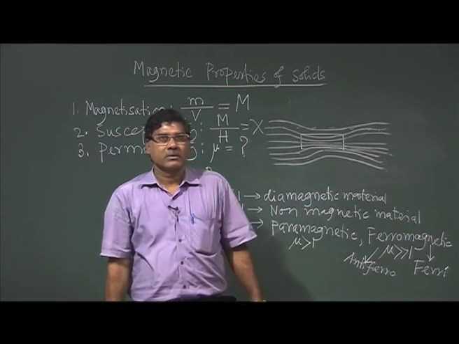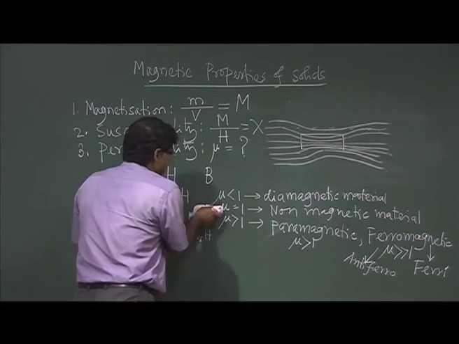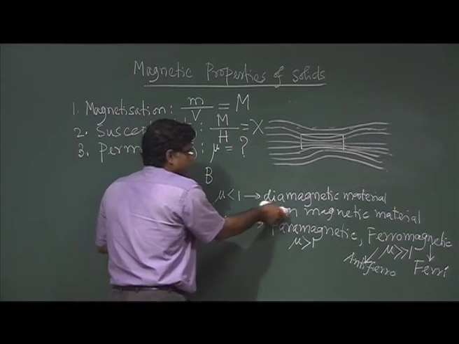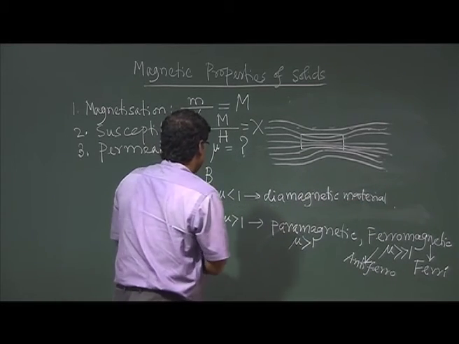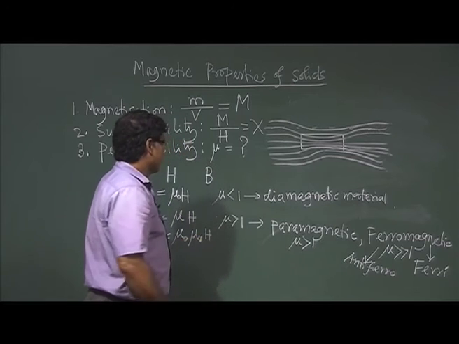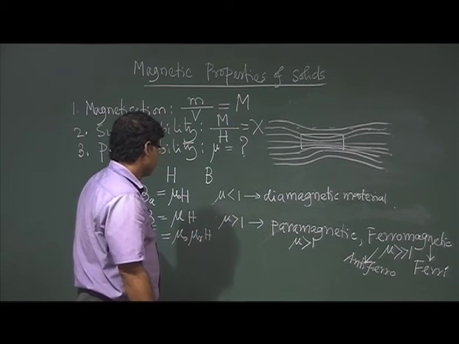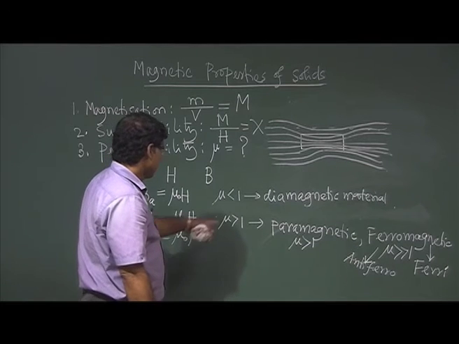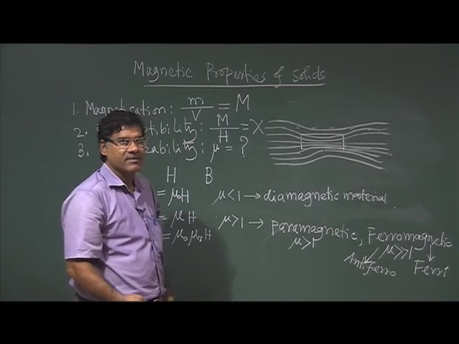Okay. So, that I will explain. So, you forget this mu equal to 1, non-magnetic material, you forget that part. So, when mu is less than 1, that is diamagnetic. When mu is greater than 1, this is paramagnetic, ferromagnetic, ferrimagnetic, antiferromagnetic.